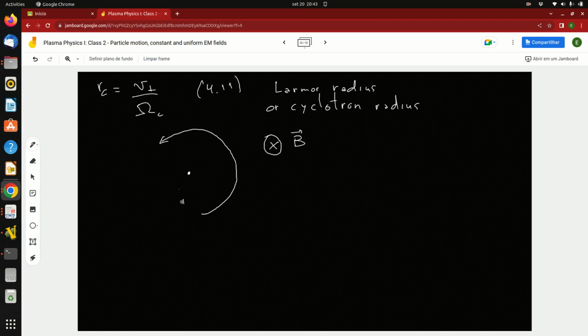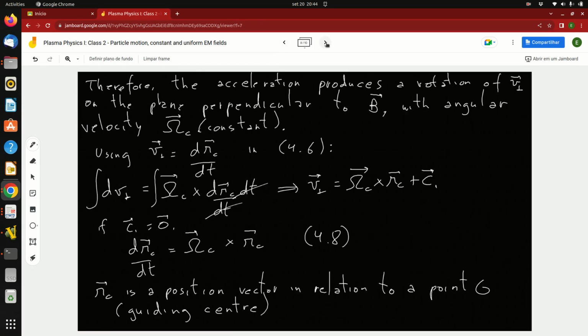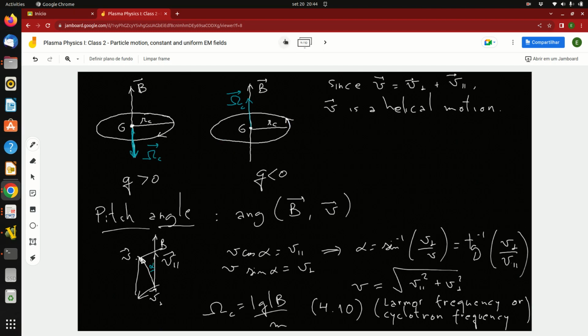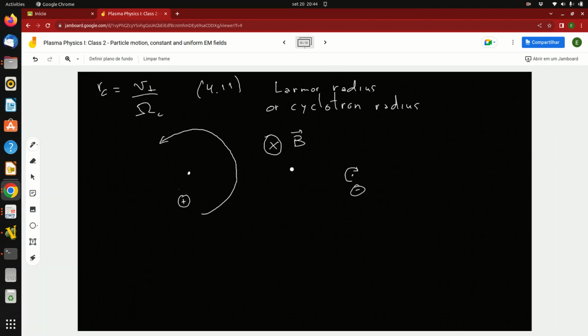This is for a positive ion. Ions have a larger Larmor radius, and an electron would have a smaller Larmor radius and a clockwise motion if you look with B pointed toward the blackboard. In this view, it would be counterclockwise. And this is the guiding center, G.